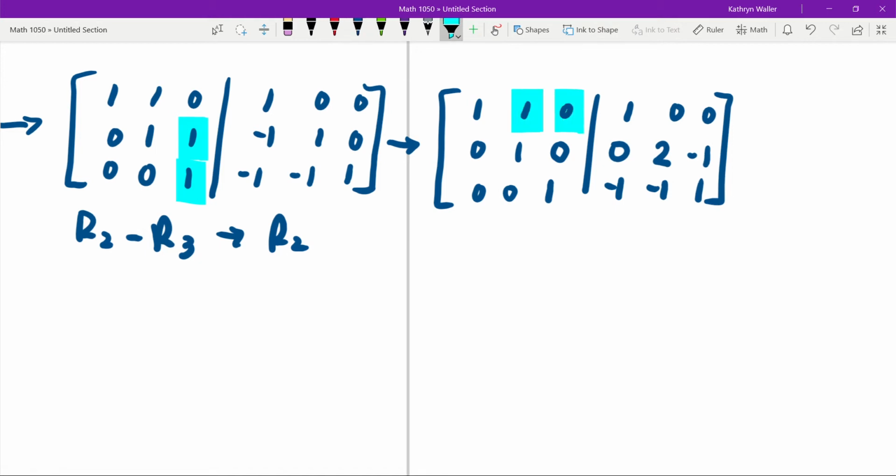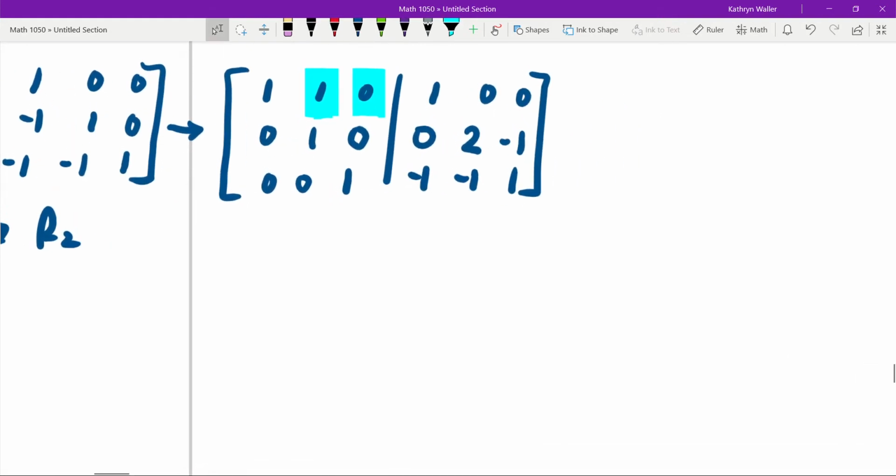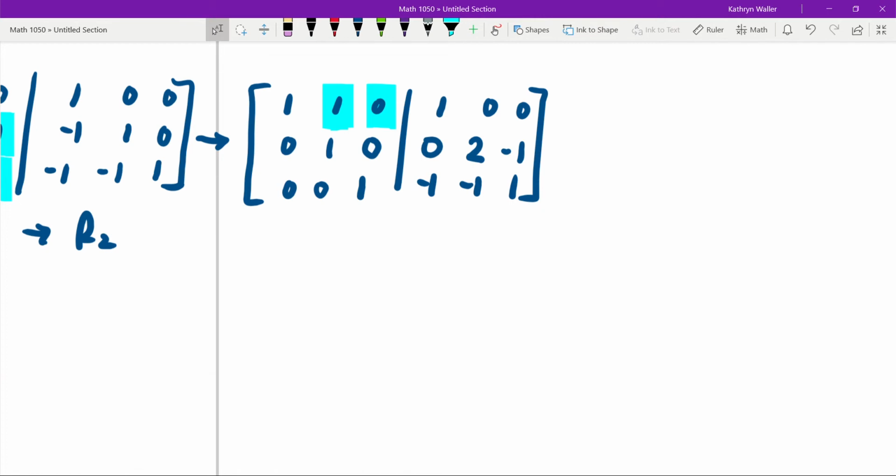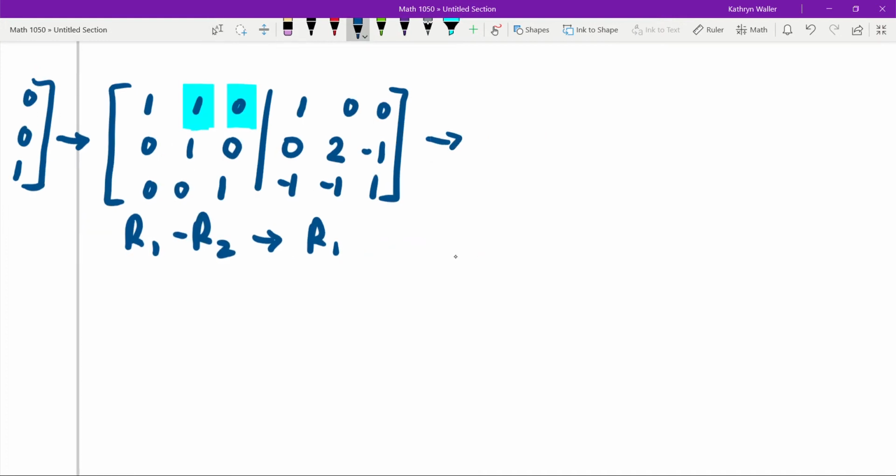So I only have one more step, and that's getting a 0 in that top center. Should I do row 1 minus row 2, or should I do row 2 minus row 1? Talk to me. 1 minus 2, right? So row 1 minus row 2 becomes my new row 1. Okay, so row 2 doesn't change.